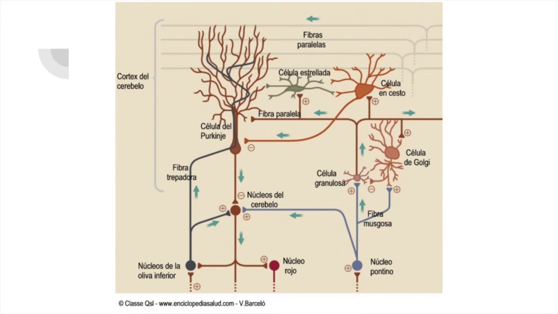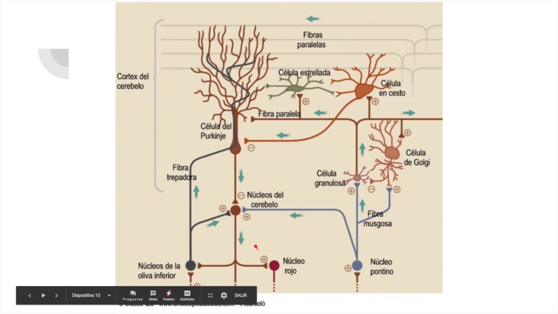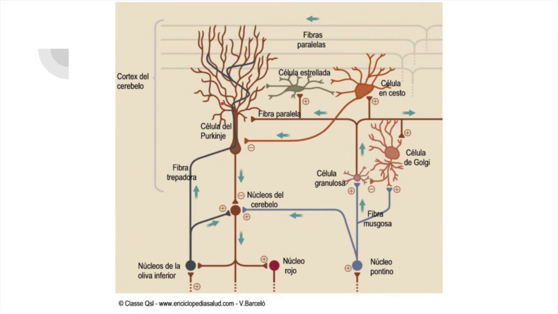So together all these neurons make a circuit. This circuit is made of signals that are either excitatory or inhibitory. But what is important is that the final signal of the cerebellum is an inhibitory impulse that comes from the Purkinje cell, which is the most important cell.